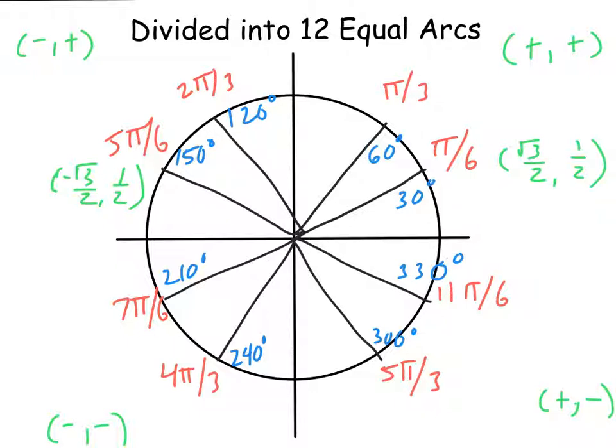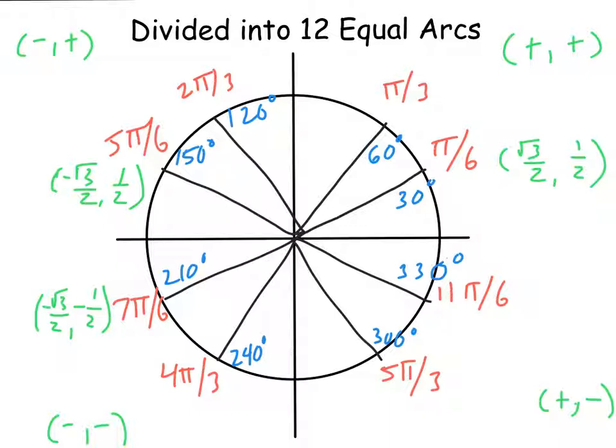Now reflect that down to 210 right here, and you would have negative square root 3 over 2 and negative 1/2. And then reflect that over to 11 pi over 6.